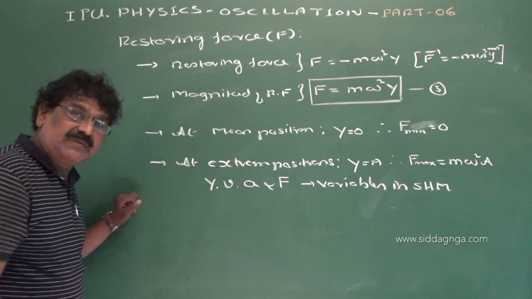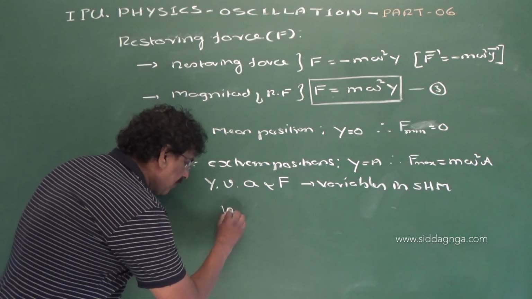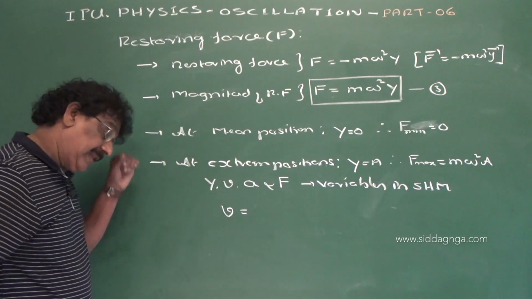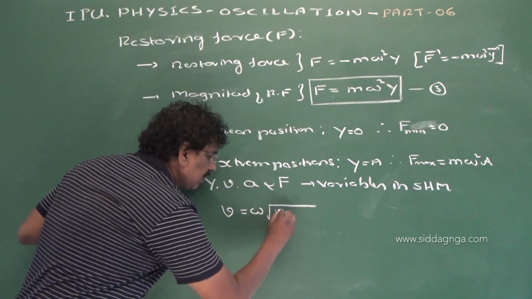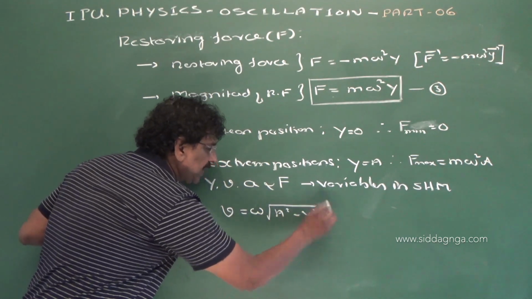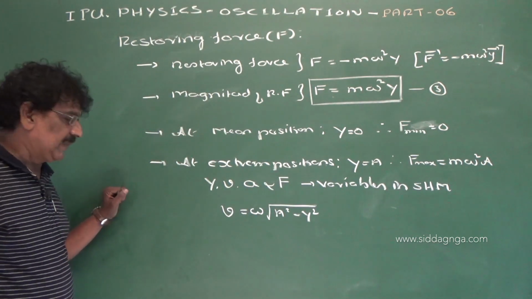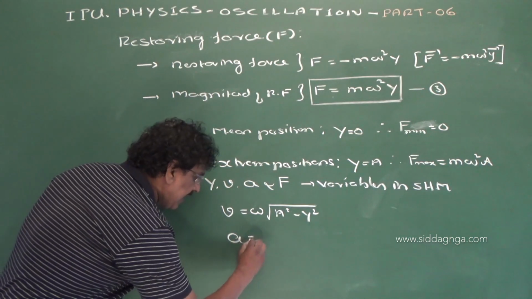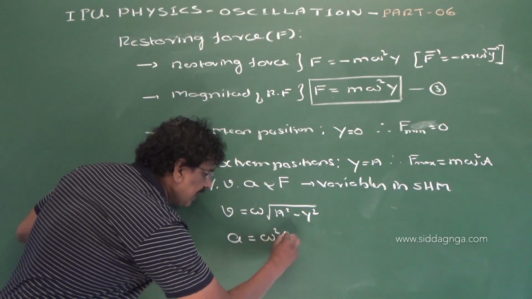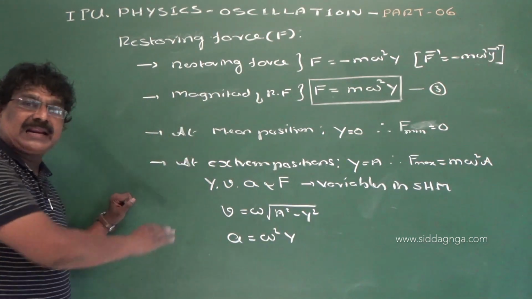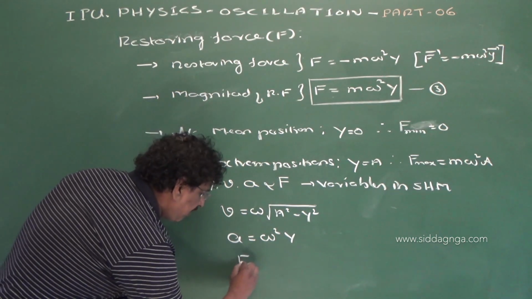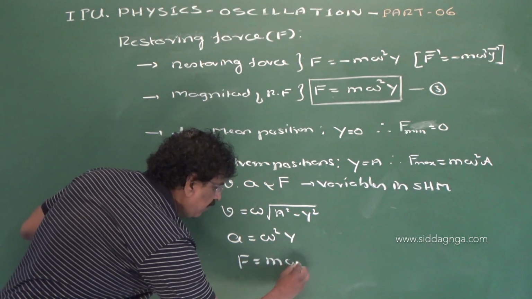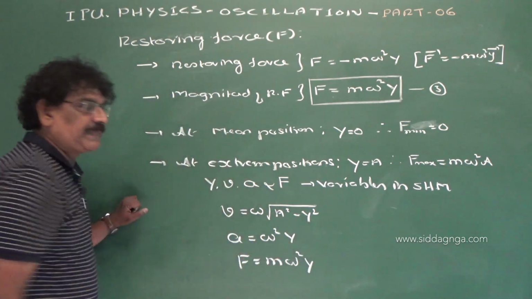Now let us observe that equation. What is velocity v? Velocity v is equal to omega into square root of a square minus y square. Acceleration a is equal to omega square into y. I have neglected the negative sign here. Now force F is equal to m omega square y.